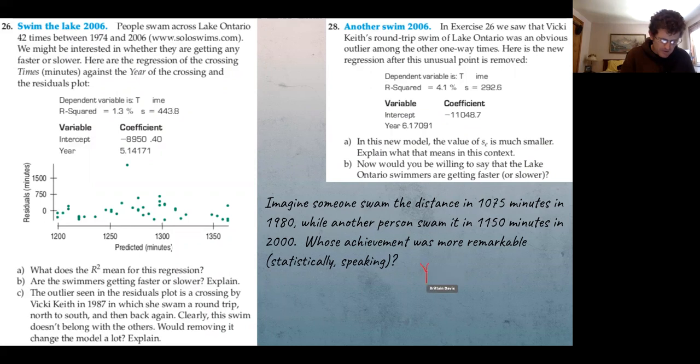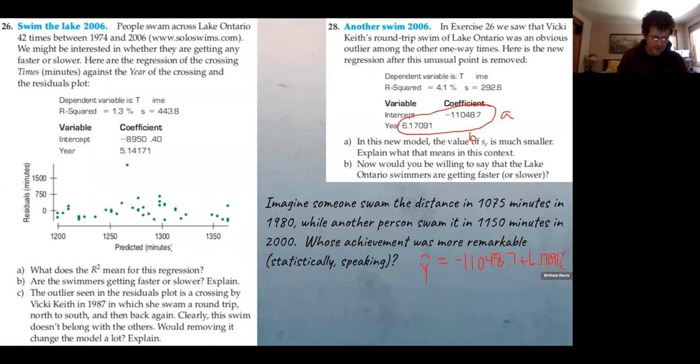And this, just to walk through this one pretty quickly, what we're saying is what residual is more impressive? Okay, so I'm going to predict what time it should have taken someone in 1980. I'm using this model for it. So my A is there, this is my B. So it's going to be negative 1,148.7 plus 6.17091 times the year. I can't even fit that on the screen.